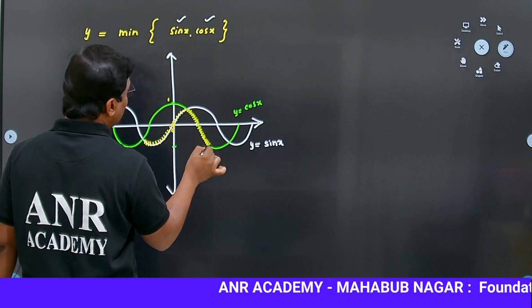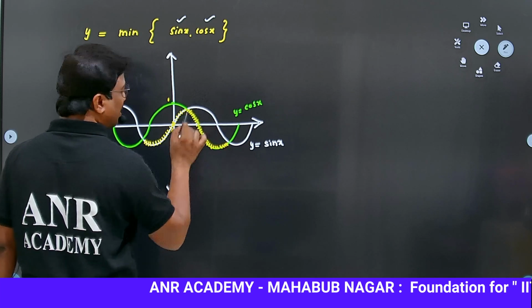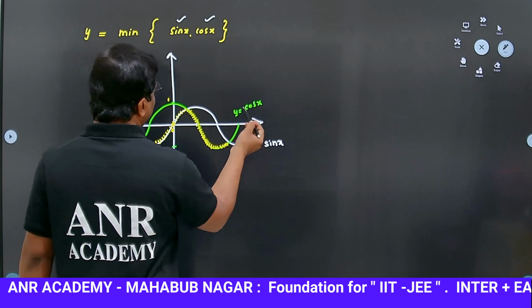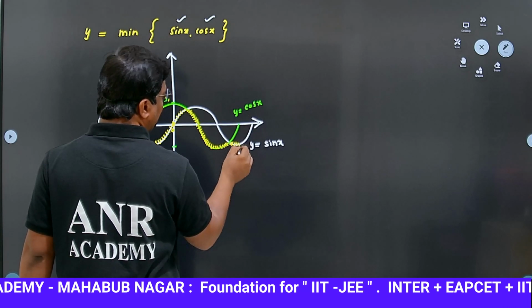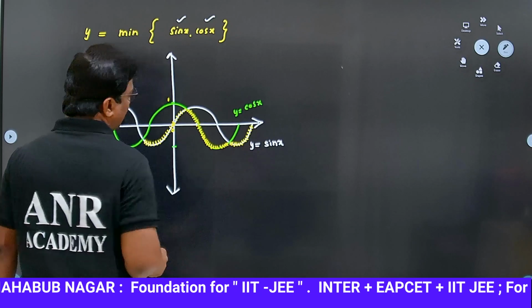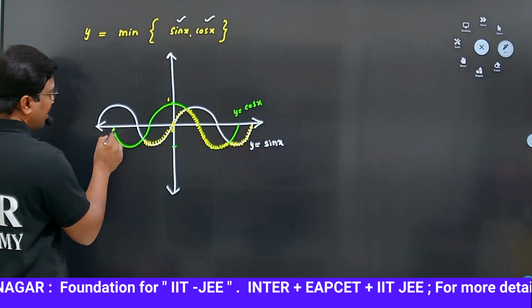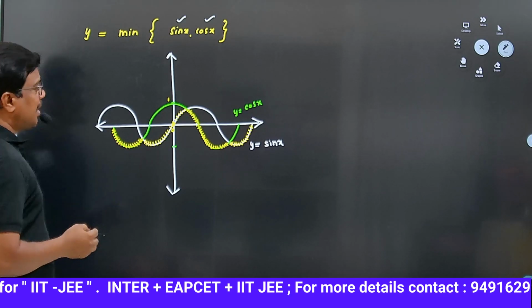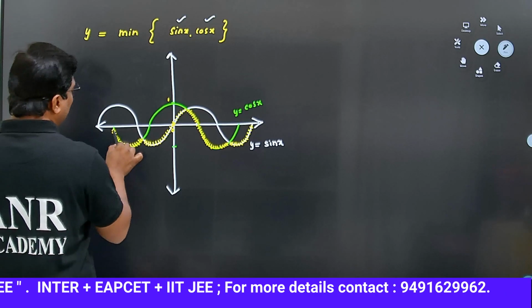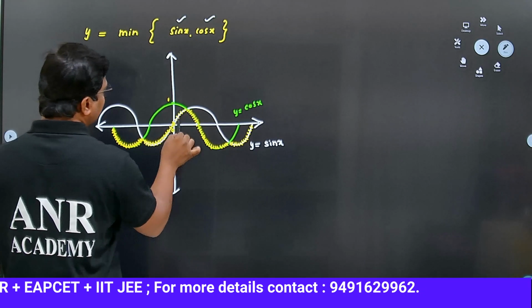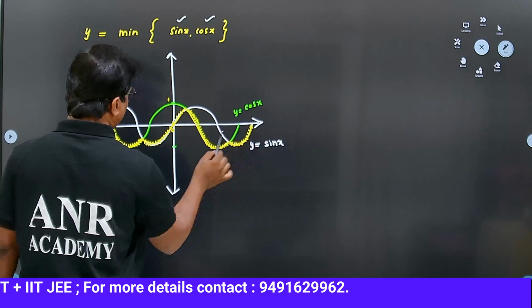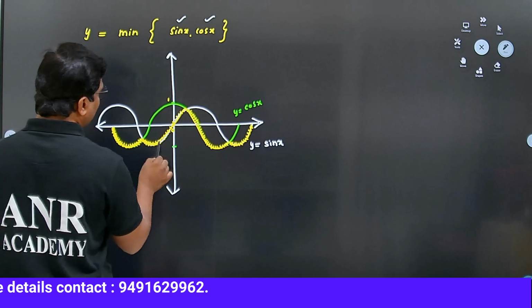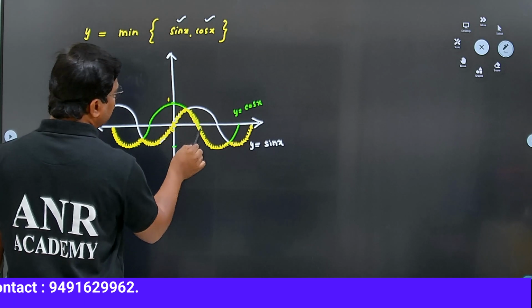So this is the minimum portion of both sin and cos. Here both are same. Next, minimum of sin cos, nothing but here white colored is minima. Next, and here in this interval green colored is minima. So this shaded portion indicates minimum of both sin x and cos x. This is the portion that is minimum of the given two trigonometric terms.